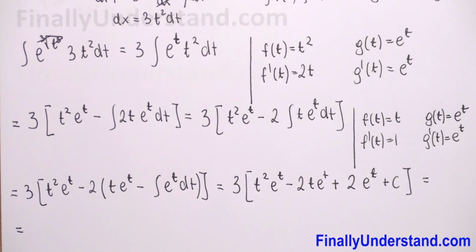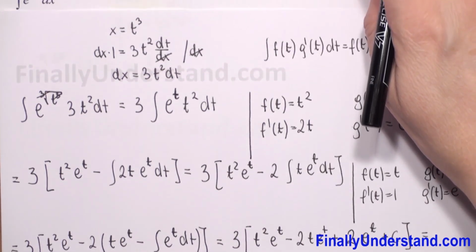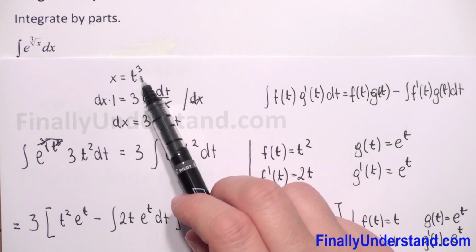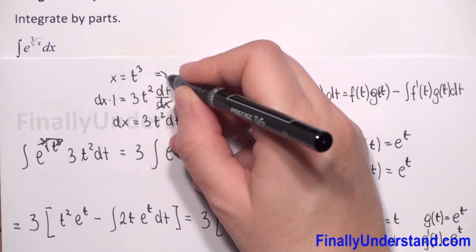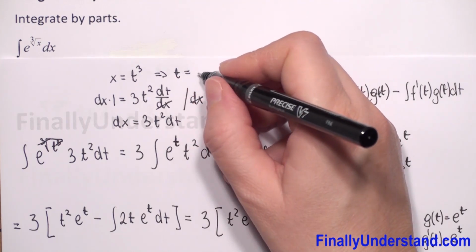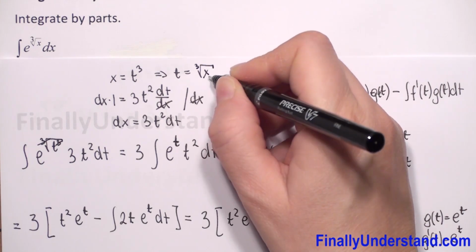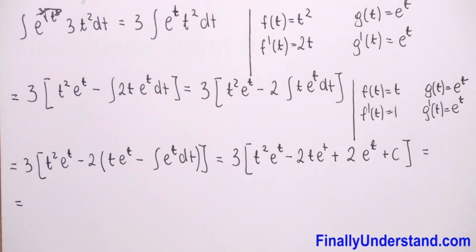Now we have to come back to our substitution, because we substituted at the beginning x by t cube. So our t is equal to cube root of x. So we have to now substitute t's by cube root of x.